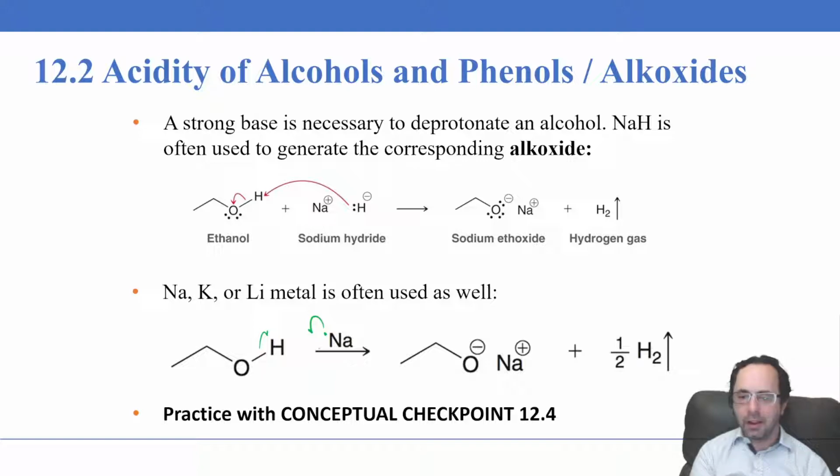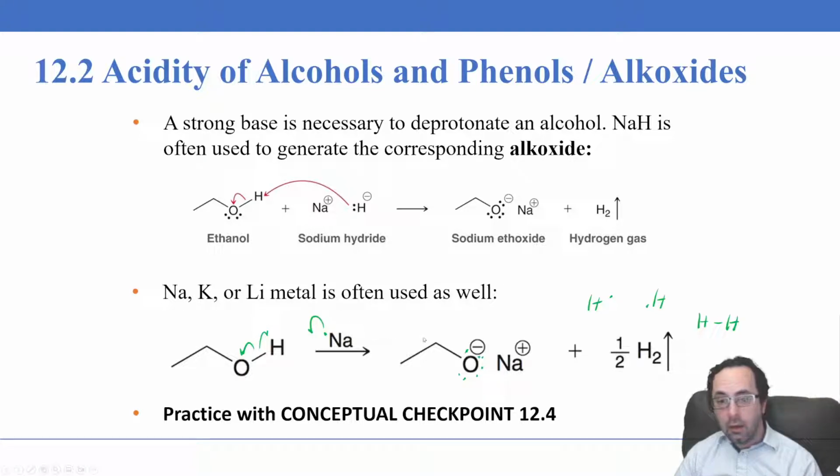It's not really an ionic reaction. I probably shouldn't say this, but in the end, one electron gets left on the oxygen. That's what's important. Anyway, the point is that the sodium loses this electron, and you'll get basically two hydrogen atoms, each with one electron, which can now make H2. And then you have this alkoxide ion left. So these are ways you can get an alkoxide ion: by reacting with a strong base or a metal.